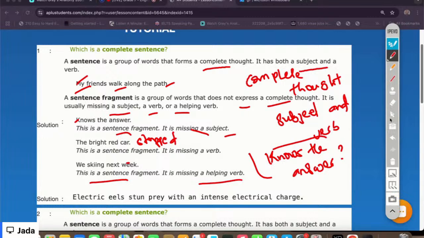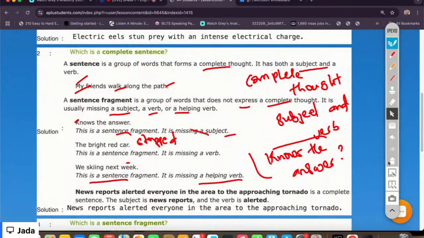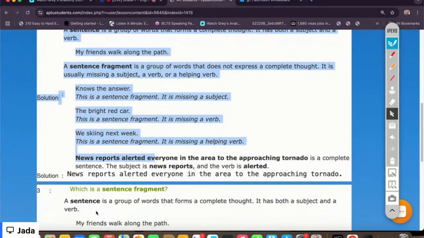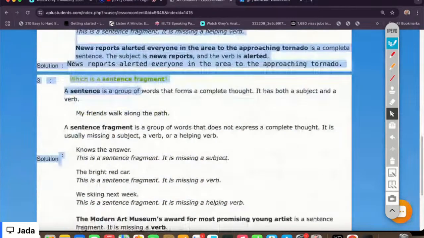All right, let's look at some examples for this. News reports alerted everyone in the area to the approaching tornado is a complete sentence. The subject is news reports and the verb is alerted. Now, which is a sentence fragment here?